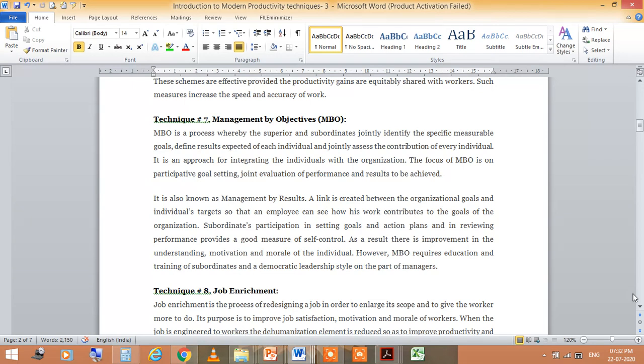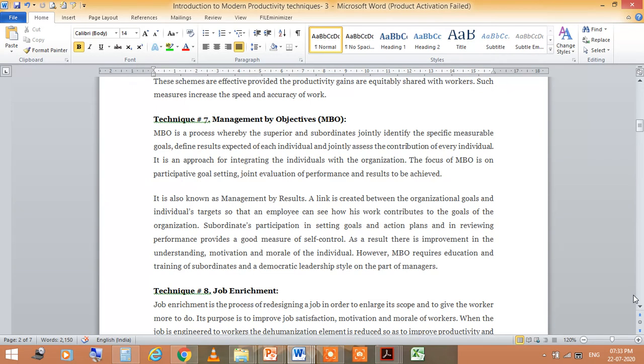It is an approach for integrating the individuals with the organization. The focus of MBO is on participative goal setting, joint evaluation of performance, and results to be achieved. So you can say this is also known as management by results.